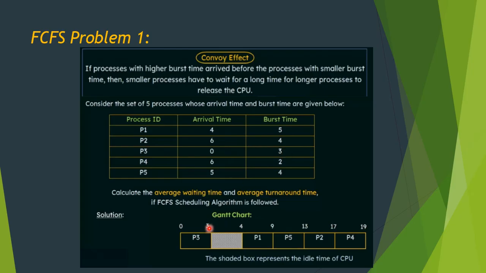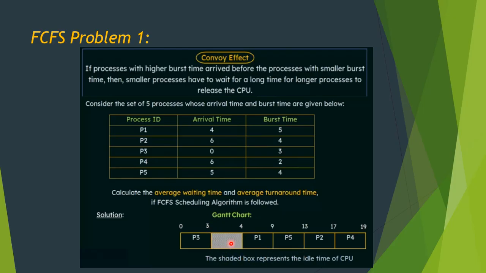As soon as it reached 3 milliseconds, another process was supposed to come in, but the next process came at exactly 4. So from 3 to 4, there is a gap of 1 millisecond when the CPU was idle. And that's why we have this box here. We're calling it a shaded box, which is basically the idle time.